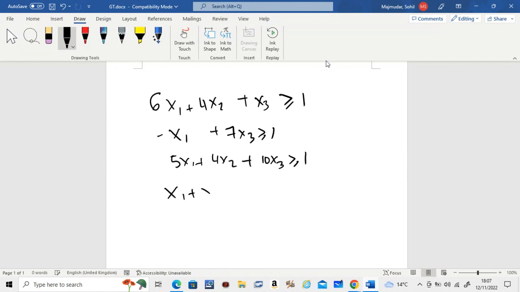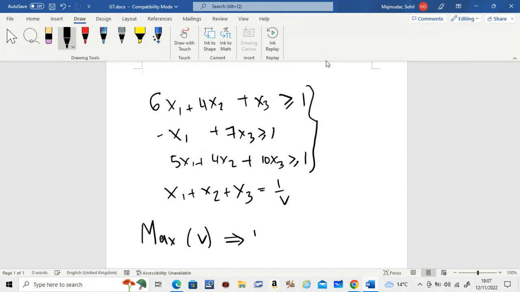And x1 plus x2 plus x3 equals 1 over V. So just like we did in the previous one, these three are your constraints in the problem. And remember, player A does maximin, so he will maximize V. So he will minimize 1 over V.